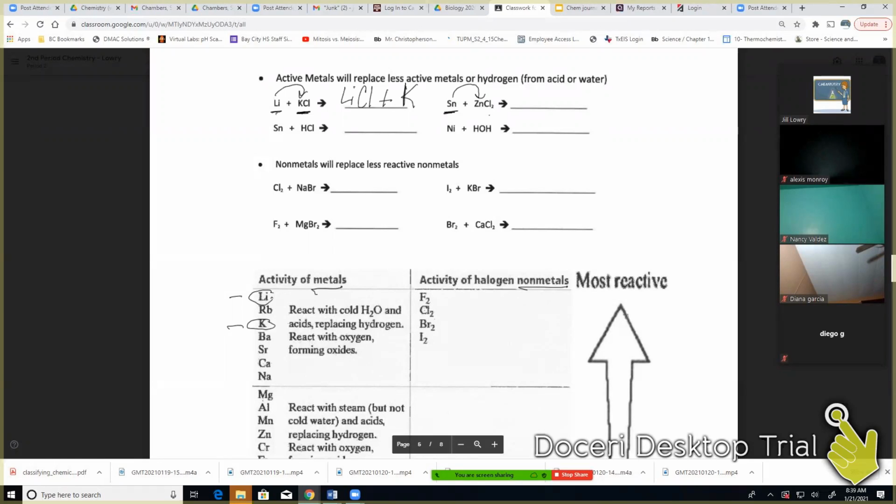Is tin, Sn, higher than zinc on the activity series? Look at your activity series. Which one's higher, tin Sn or zinc Zn? The Zn is higher, right? So that means that tin cannot replace the zinc. It is not stronger. So for this one, you just put NR, which means no reaction.